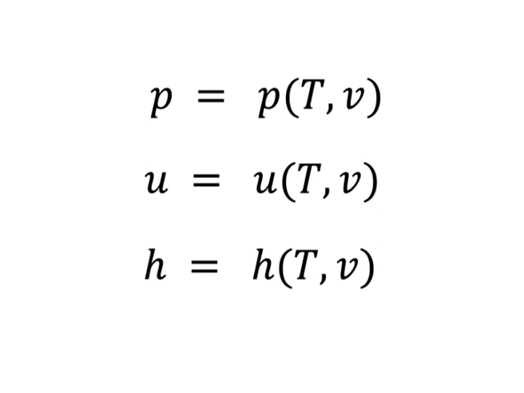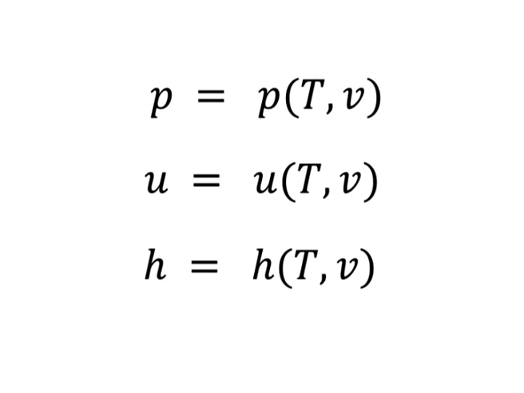Now consider other intensive properties that can be determined as a function of the two independent properties, that is, P = P(T, v), u = u(T, v) and h = h(T, v) and so on. These are all functions of two independent variables of the form z = z(x, y), with x and y being the independent variables.